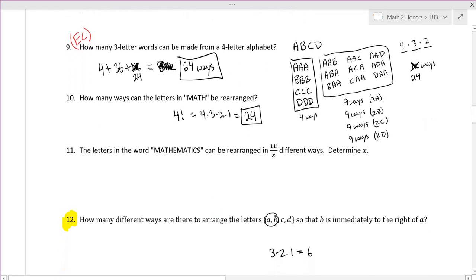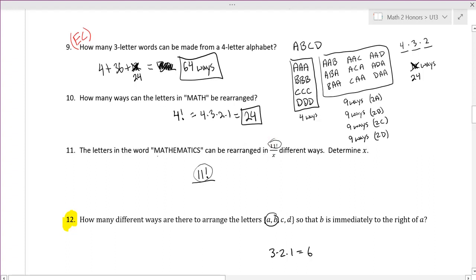Number 11, the letters in the word mathematics can be arranged in 11 factorial over x different ways. Find out what x is, or determine x. So mathematics, if you count, has 11 letters in it. And we're going to divide by repeats. And notice the 11 that I put in the numerator matches the 11 in the numerator over here. And so what I get in the denominator is going to be x.